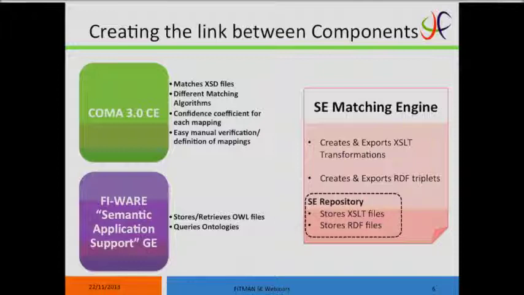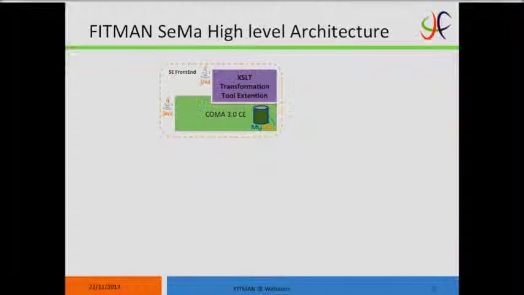So, going very briefly over our architecture, we have our specific enabler. The main part of it, as I said, is the XSLT transformation tools extension, which you see here in the purple rectangle, built on top of the COMA toolkit. All this is based on Java, and this is actually the front end, what the user sees.